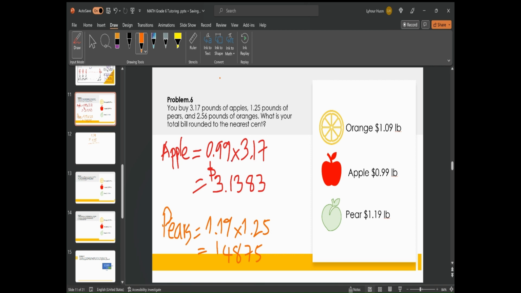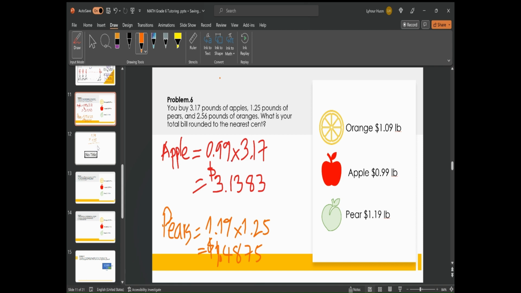Now, how about the decimal? What is the real answer? The decimal will be 1.4875. Now this is the cost of the pear.